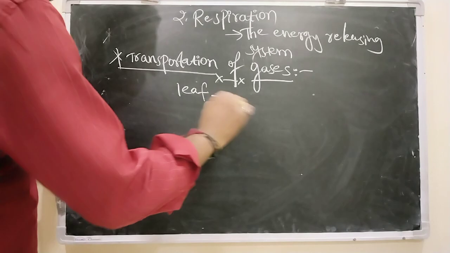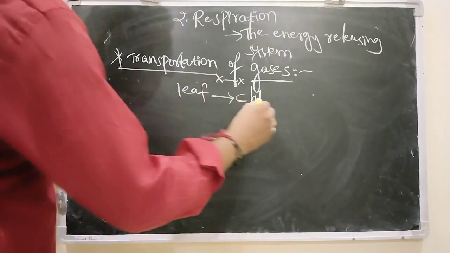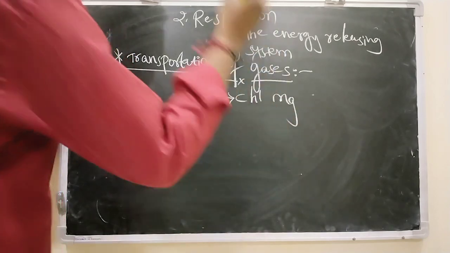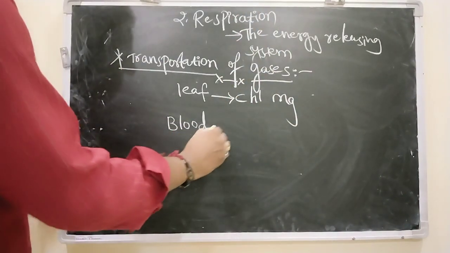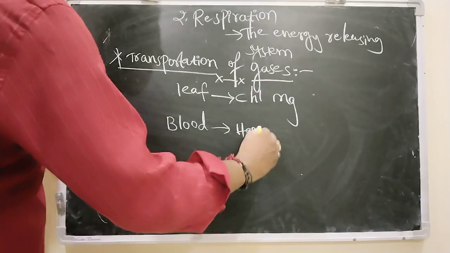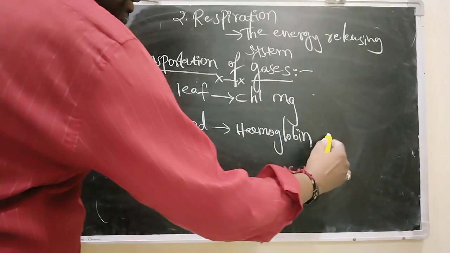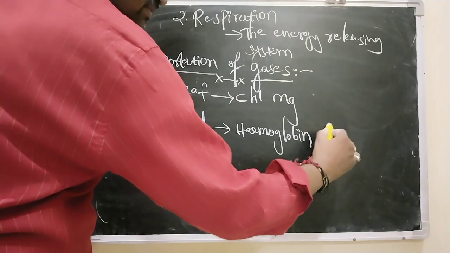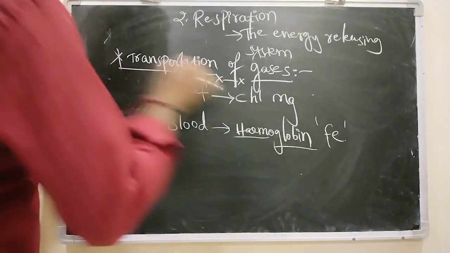Okay, why is it green in color? Because of the presence of a pigment called chlorophyll, which contains the element magnesium. Like that, our blood is also red in color because of the presence of hemoglobin, which contains the substance iron. Okay, heme means iron, globin means protein.